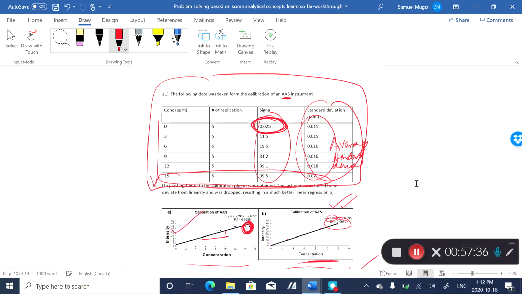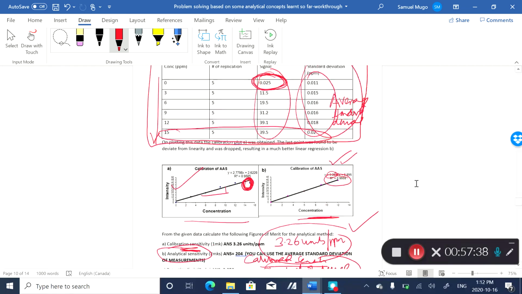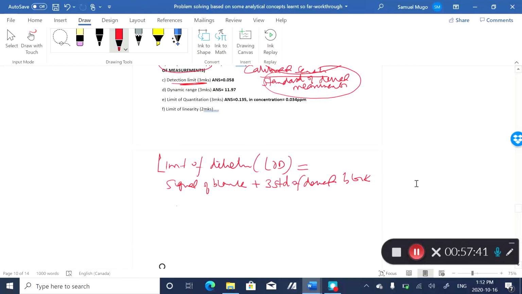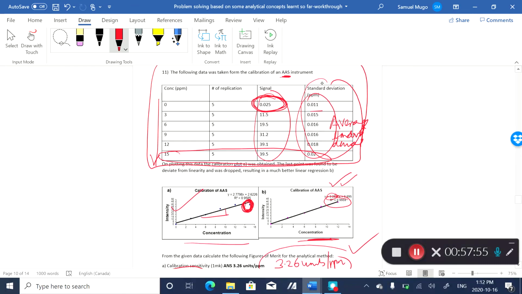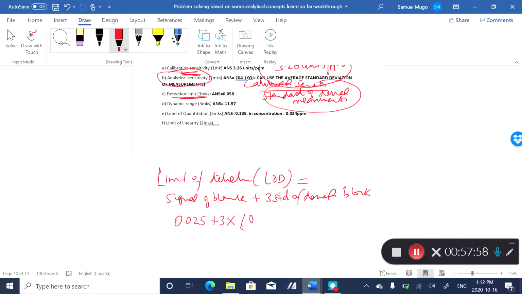So that's all I'm going to need to use, the 0.025. So 0.025, that's the signal of the blank, plus 3 times the standard deviation of the blank, which is given right there, 0.0111. 0.011 is the standard deviation of the blank. Okay, and whatever answer you get, that's the limit of detection, but you can see it's in signal units.